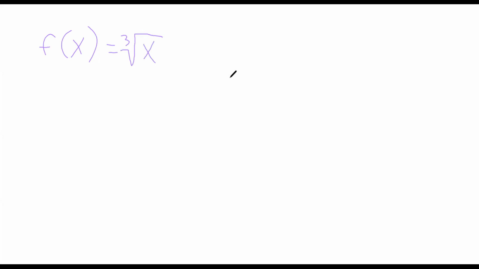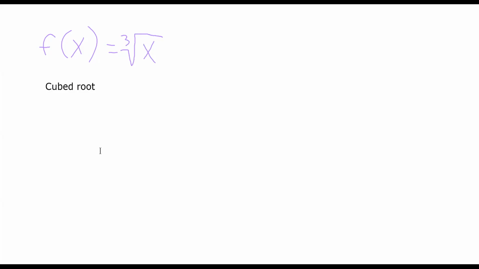All right, so let's talk about the cubed root. So we weren't allowed to take the square root of a negative number. Negative numbers, we said, we can't do that.